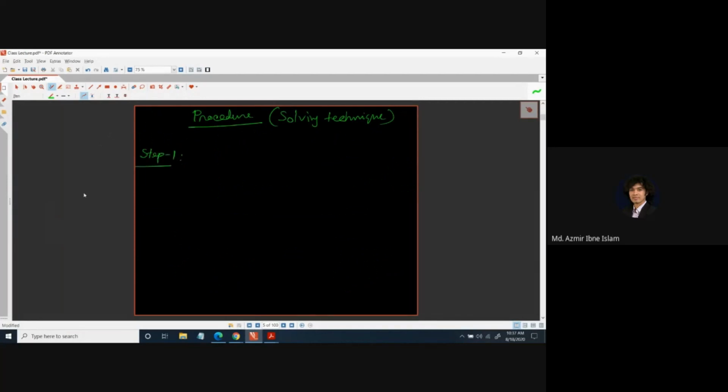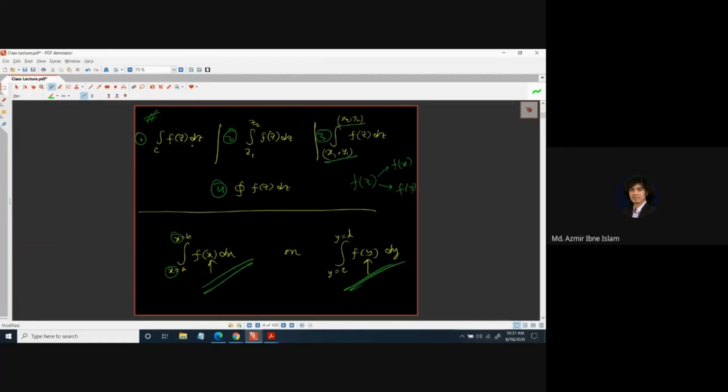Step 1. In step 1, you can see that we have either z1, z2 or x1, y1, x2, y2. You know that any complex number z equal to x plus yi, we can represent this complex number in this form xy. That means a complex number is a point in the Argand diagram. A complex number is nothing but a point.